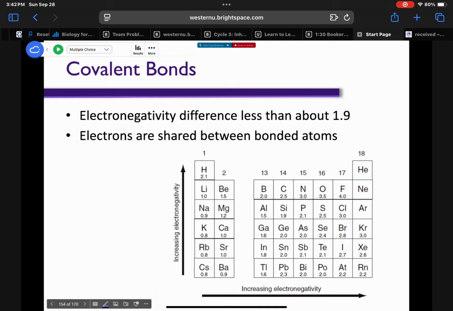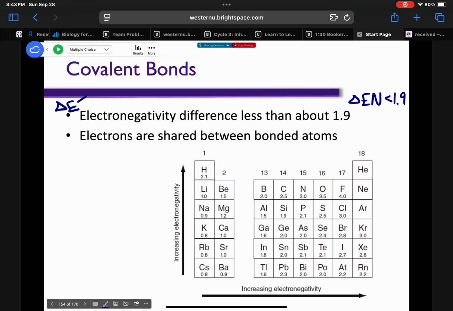Covalent bonds are when that change in electronegativity is less than about 1.9, meaning we're forming bonds between atoms that have similar electronegativity values. We take a look at carbon and hydrogen. The bond between carbon and hydrogen is covalent.